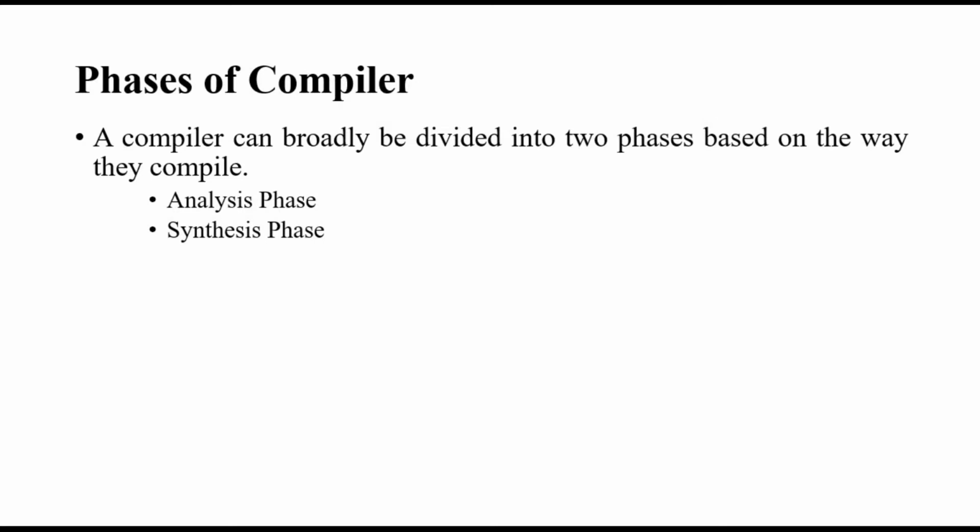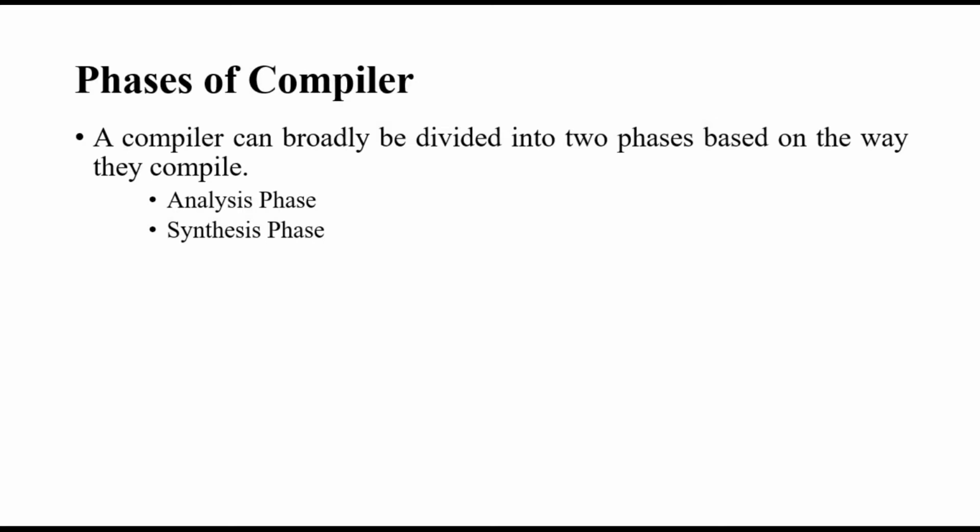Up to this point we have treated a compiler as a single box that maps a source program into a semantically equivalent target program. But if we open up this box, we see that there are two parts to this mapping.